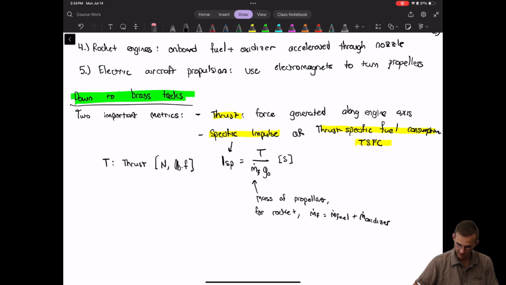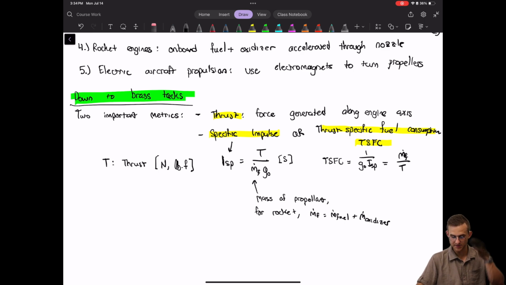And then TSFC is defined as 1 over g naught Isp, or it's just m dot f normalized by the thrust. That's the relationship between TSFC and Isp. Really, you're just looking at the thrust that you're getting out per the weight of the propellant that's being thrown out of your propulsion system. That's what the specific impulse is telling you. It's a metric of efficiency.